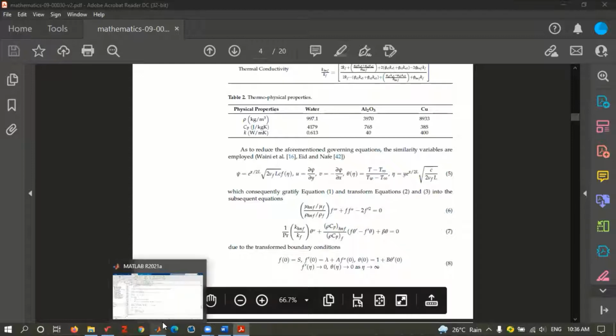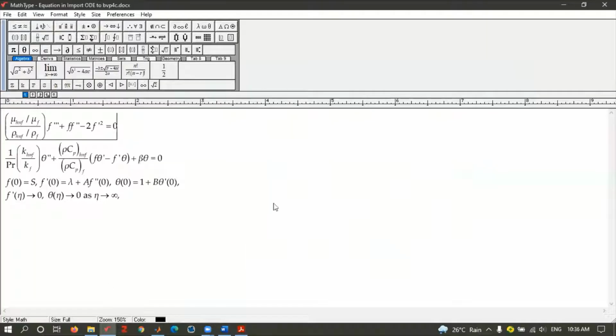Okay, so first of all, what we need to do is, I have copy pasted the equation here. So this is equation 6 for the momentum. As we can see here, the highest order for the f function is the triple prime, which is order 3.